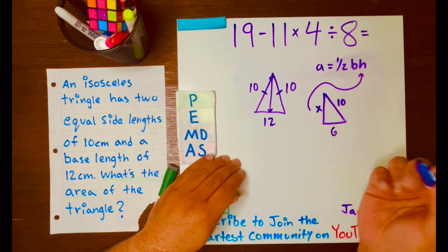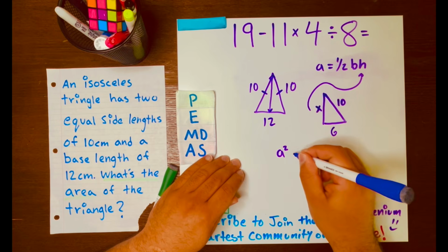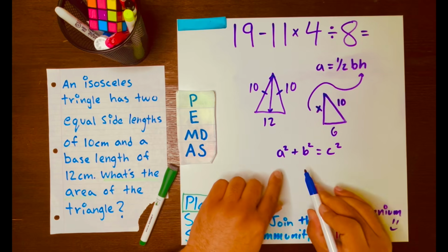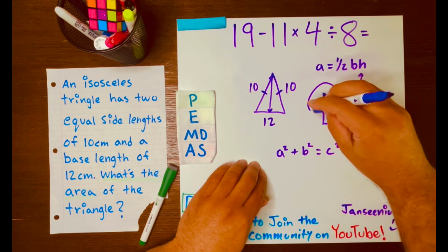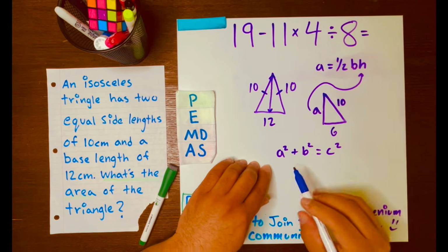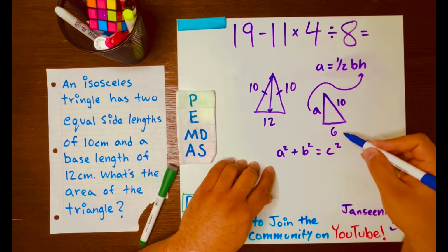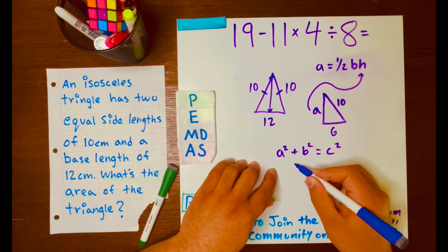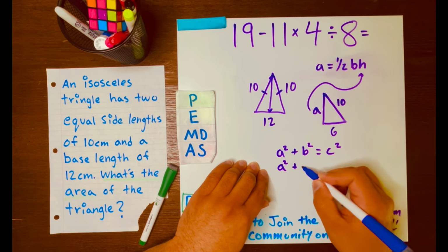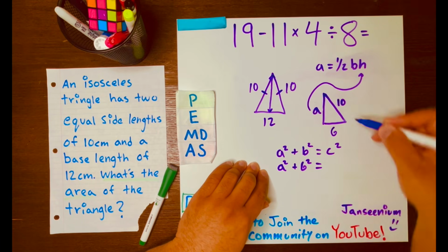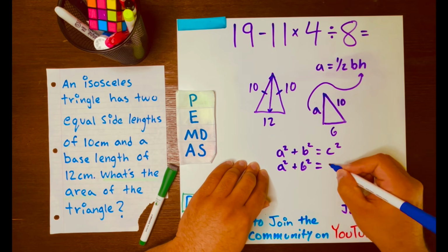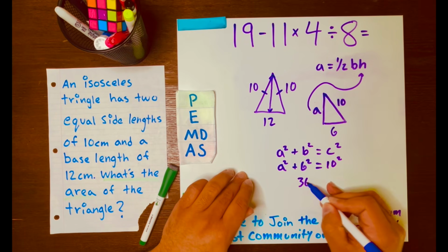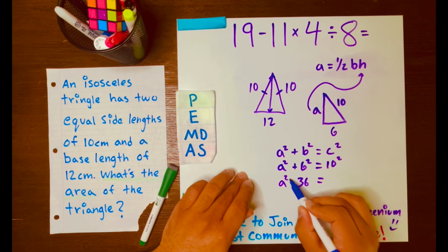This is the Pythagorean theorem, which is a squared plus b squared equals c squared. And so we'll change the x to a, and that's what we want to find. So we have the 6, or the base, so that's going to be 6 squared, and then the hypotenuse is 10 squared. So 6 times 6 is 36, and we'll keep the a squared.